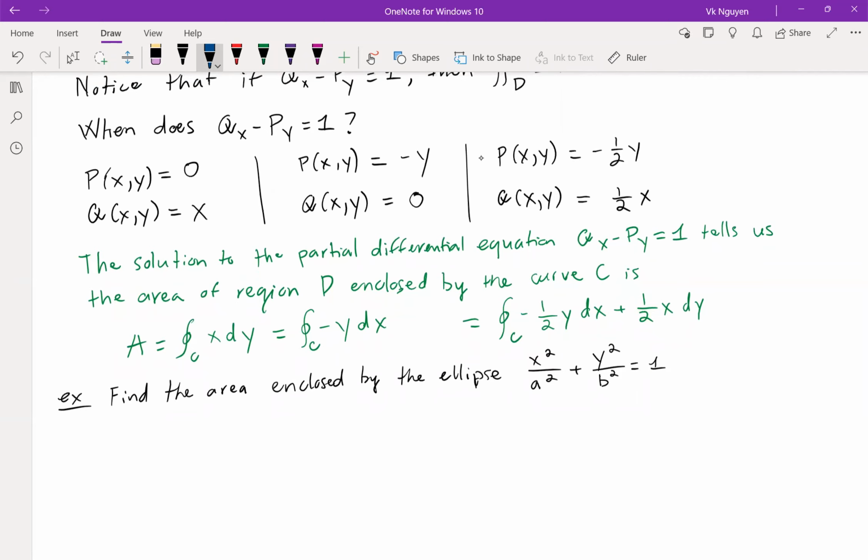So yeah, okay. x goes from negative a to a, y from negative b to b.